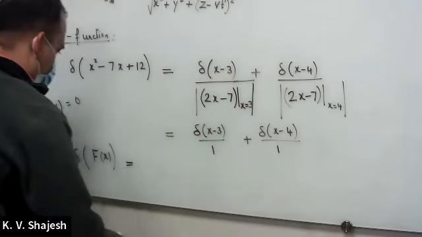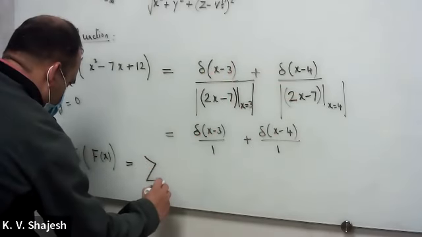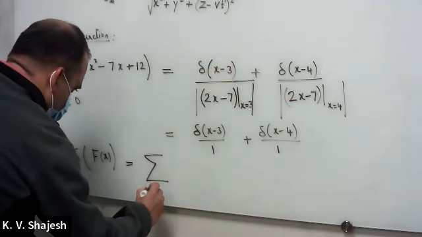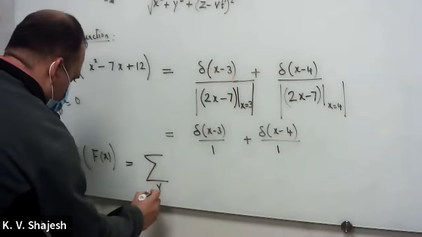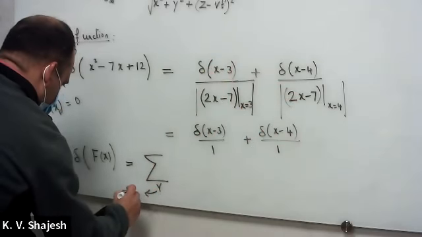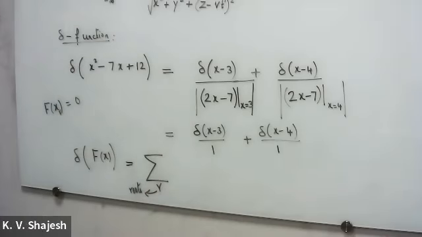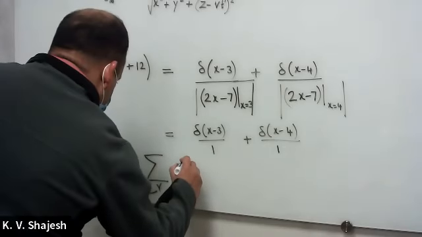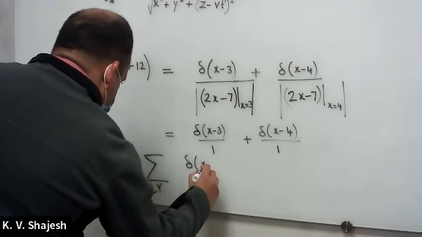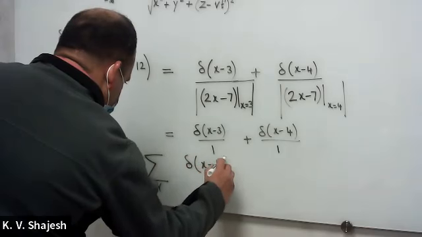1 plus 1. So you sum over all the roots, where r labels the roots. And in the numerator, you have x minus x_r. Right?